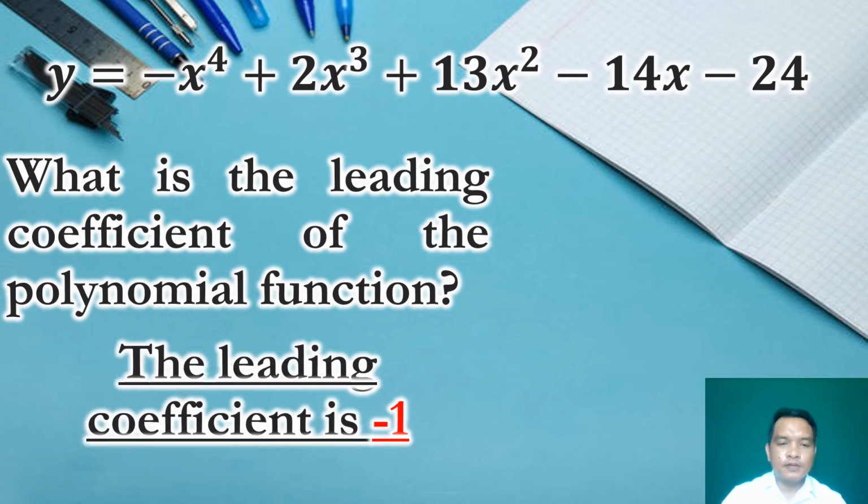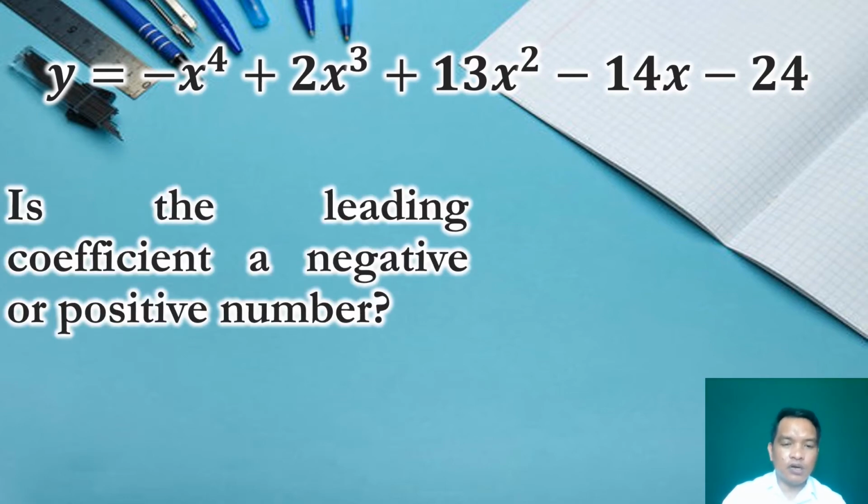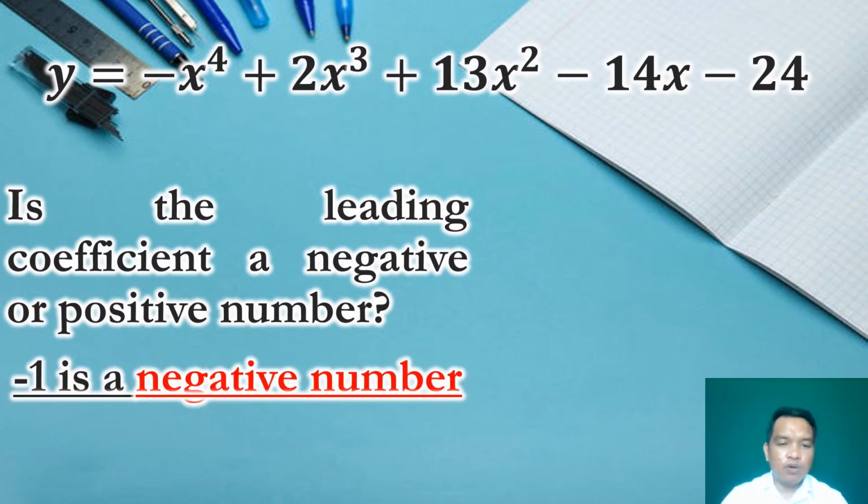The leading coefficient is negative 1 because the leading term is negative x raised to 4. So therefore, the leading coefficient is negative 1. Is the leading coefficient a positive or a negative number? Obviously, negative 1 is a negative number.